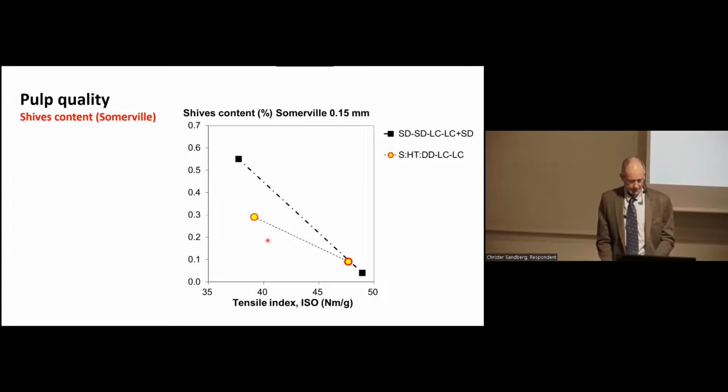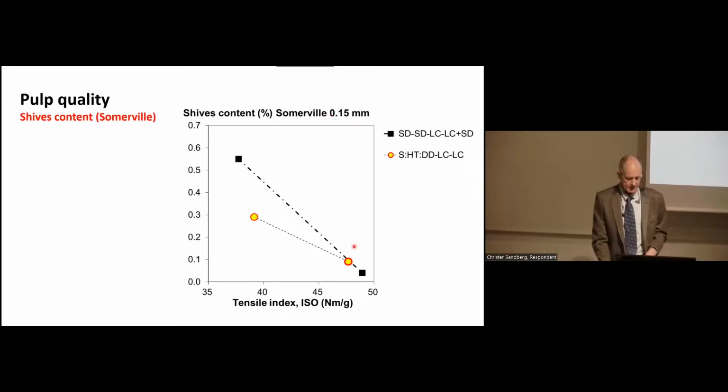Finally, I had one slide just to show you that all the Shives measurements previously shown were by optical analyzer, and they tend to miss large single Shives. So we measured that also in this trial, and you can see that they are quite close, a little bit higher Shive content with the simplified process, but this is still a lower value than what we had when we used the Somerville fractionator to measure the Shives content.